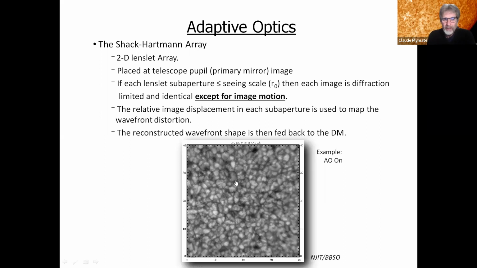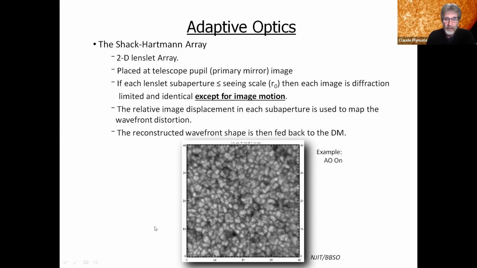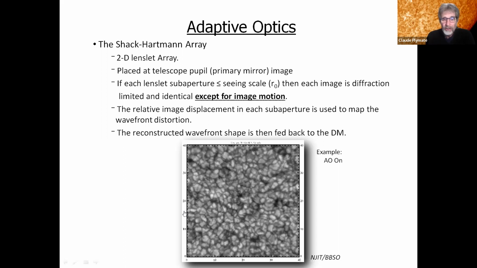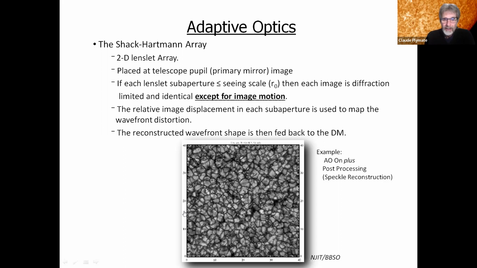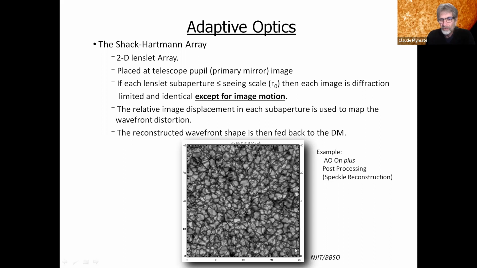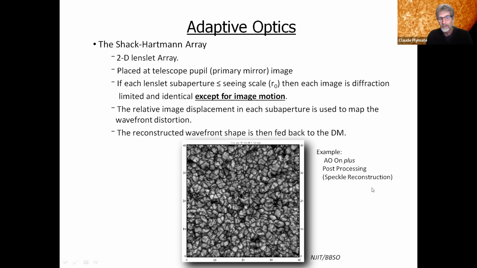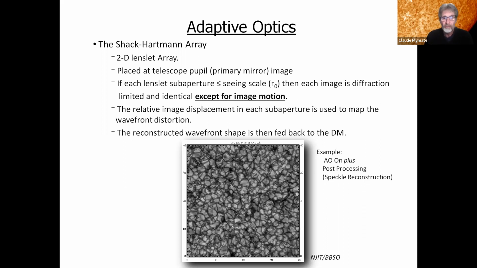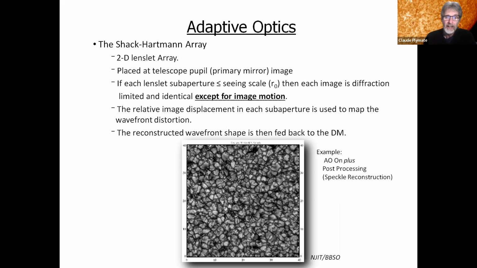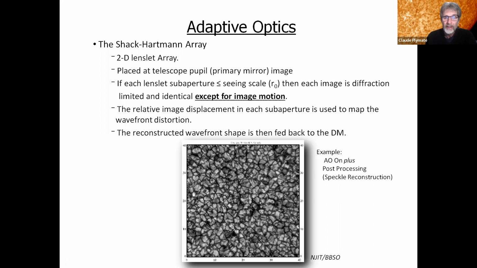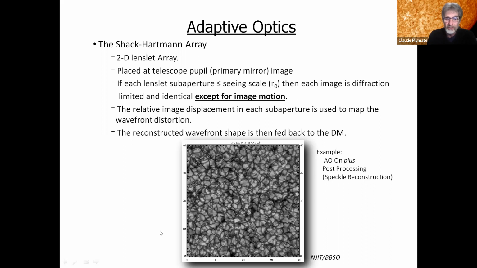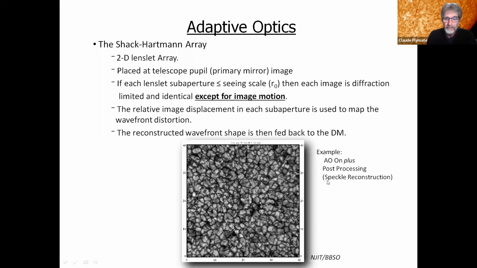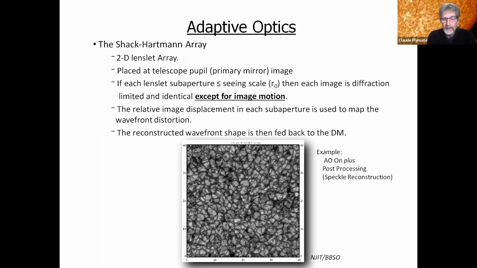Each frame in here is made by collecting 100 frames very quickly, and then in post-processing, a computer program using a technique called speckle reconstruction goes through that stack of 100, pulls out the finest resolving power examples, and reconstructs the image. So this is a phenomenal image of solar granulation, taken again at Big Bear.